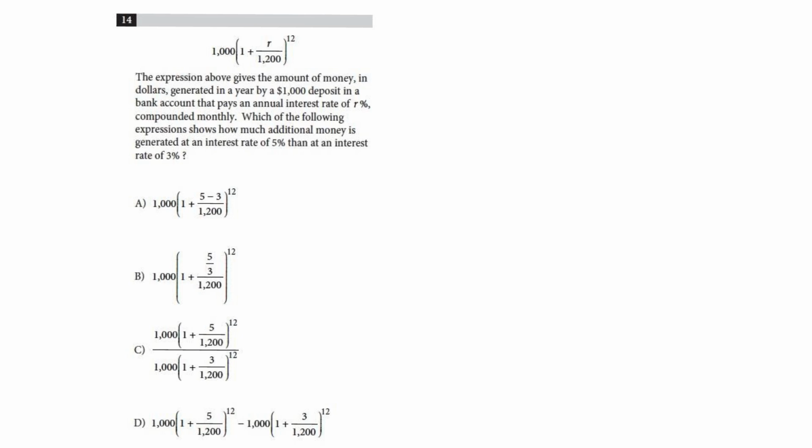Okay, so if we're talking about the extra money generated, there's going to be a certain amount of money that's generated by the 5%. So we'll call that A, right? And that's going to be more than the money generated by the 3%.